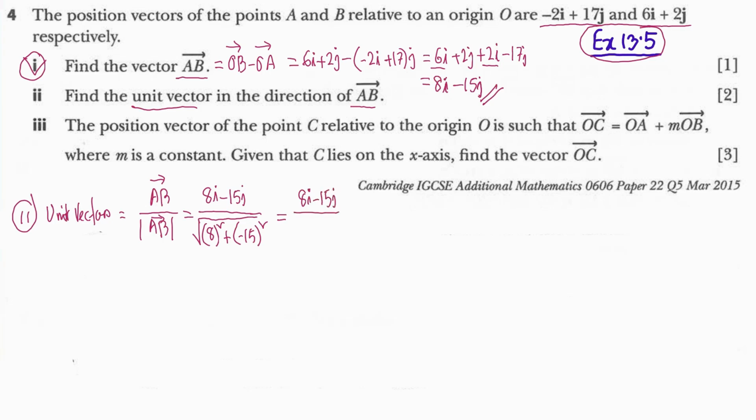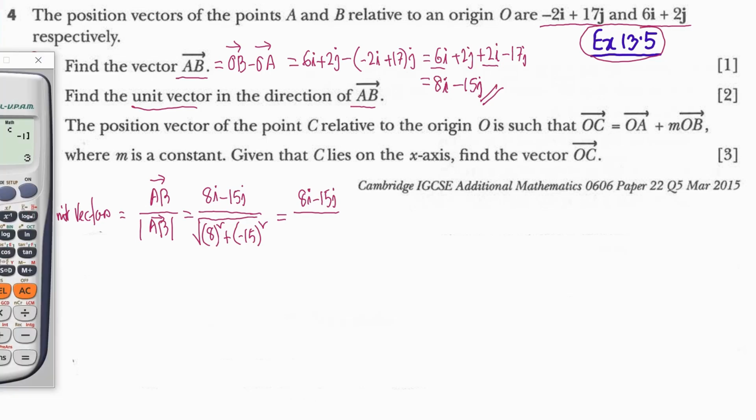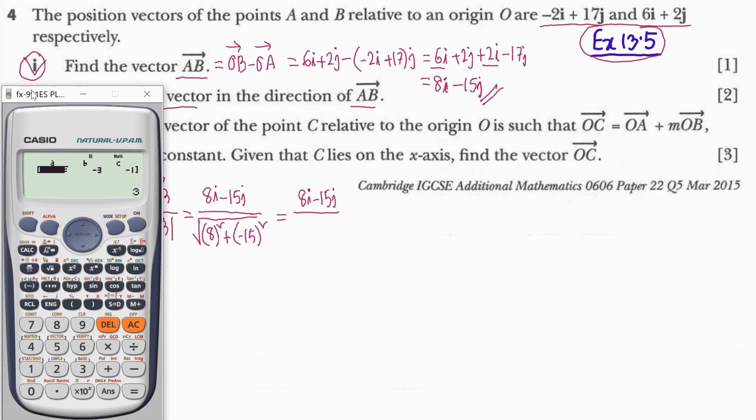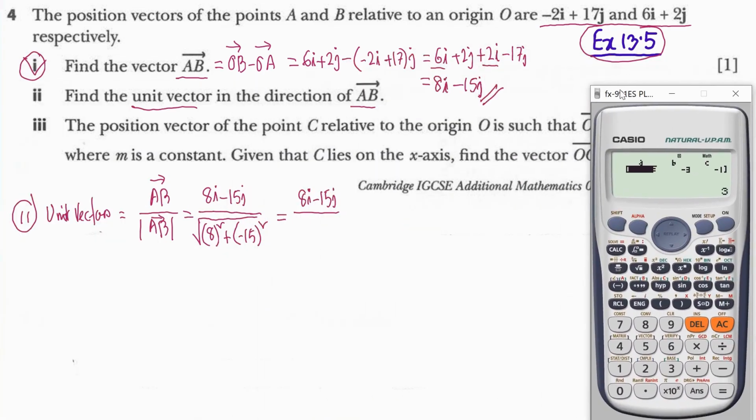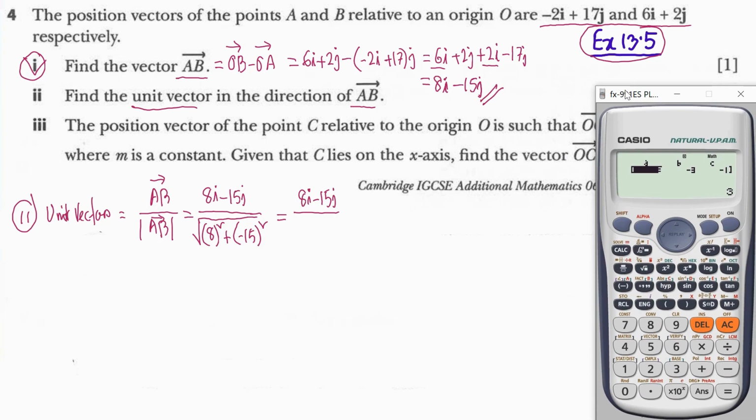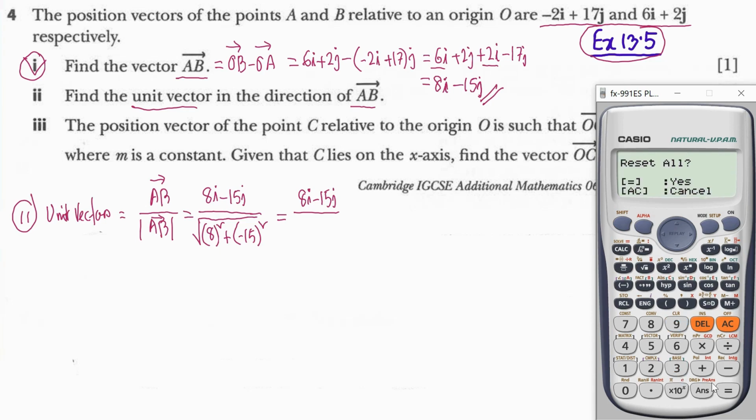and for the bottom one, let me check with our calculator what value comes out here. This is the calculator I'm going to use on the right side of our board. Root of 8 squared plus minus 15 whole squared. You can also write 15 whole squared, same thing.